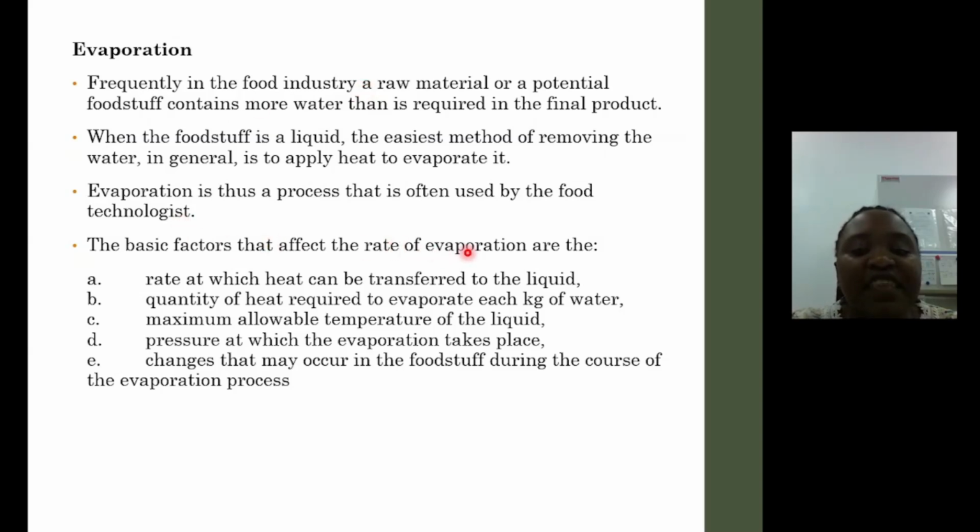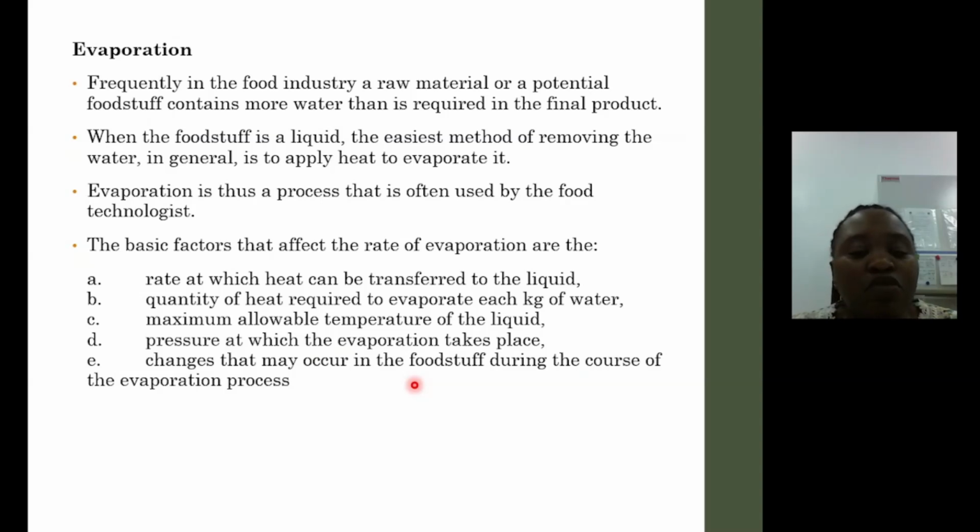Basic factors that affect the rate of evaporation are the rate at which heat can be transferred to the liquid, quantity of heat required to evaporate each kg of water, maximum allowable temperature of the liquid, pressure at which the evaporation takes place, and changes that may occur in the foodstuff.